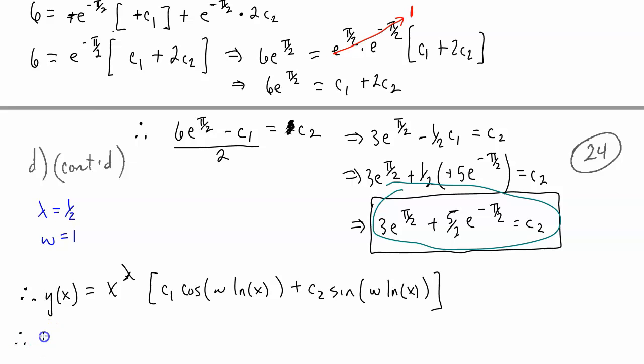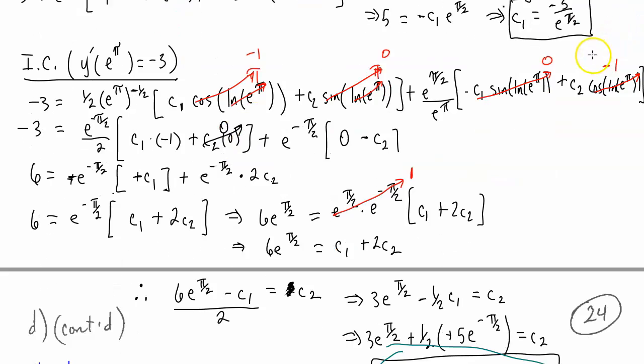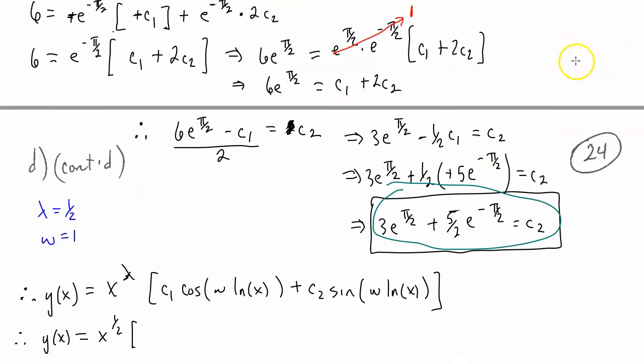So therefore, this is x raised to the 1/2. Our c1, remember here, is -5 e raised to the minus pi over 2.